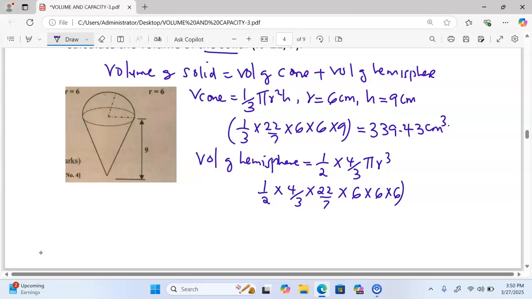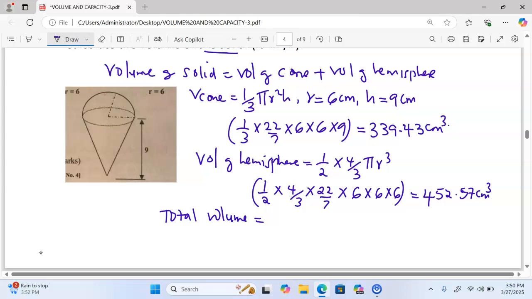Remember, our radius is 6 centimeters, and if you work out this part, you'll get an answer equivalent to 452.57 centimeters cubed.